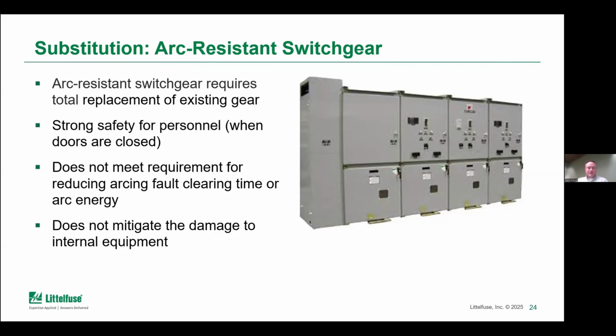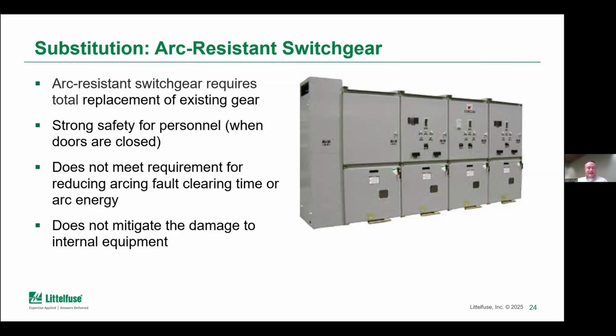And on the last 2 bullets at the bottom, while it does contain the energy and make sure that it doesn't get released out to hurt someone who could be standing in front, it is not actually reducing the energy. And so that means the equipment inside is still likely going to be destroyed or have some significant loss.